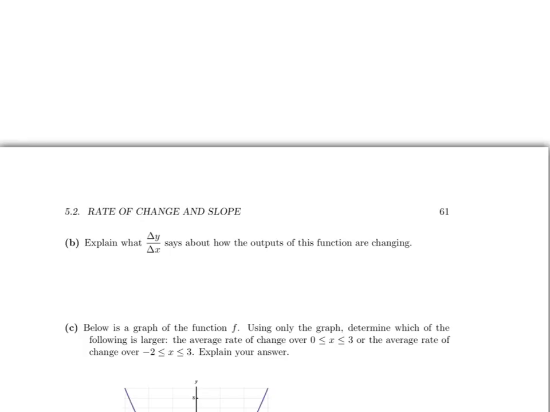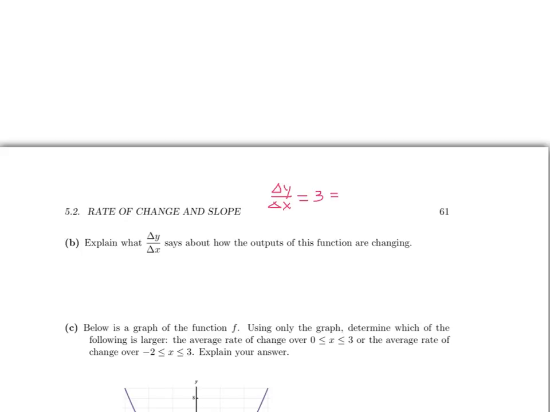Part B. Now let's explain what the ratio delta y over delta x is saying about the outputs of this function and how they are changing. Well, to help you understand how you can interpret this ratio, let's write it slightly differently. So we calculated delta y over delta x, and we arrived at a value of 3.